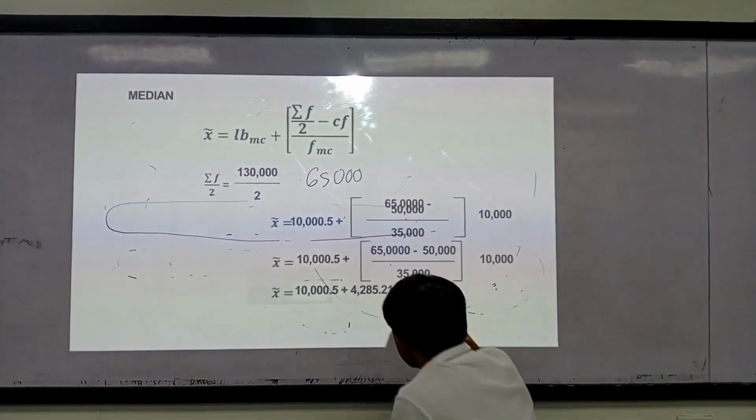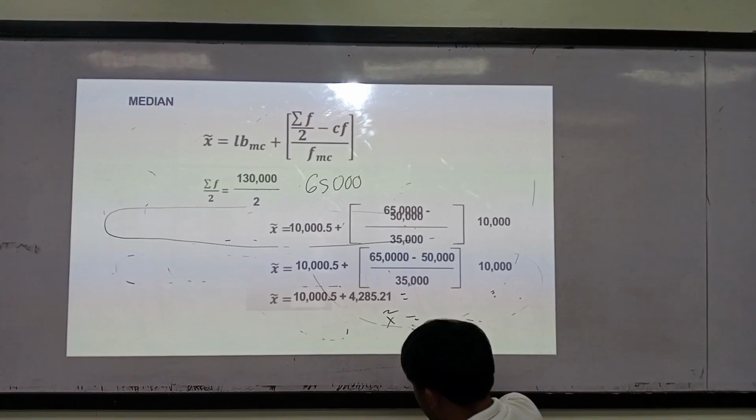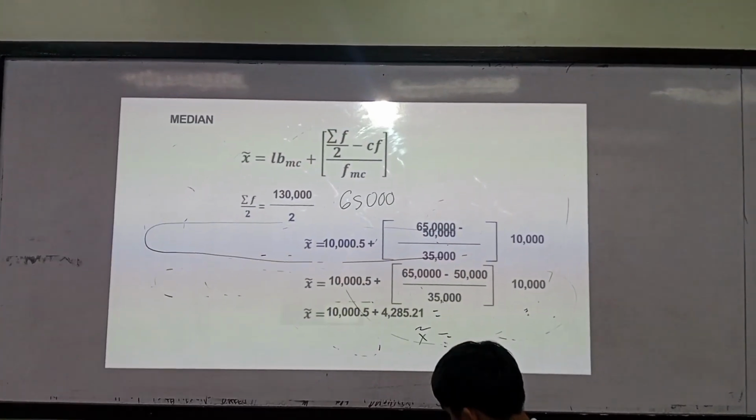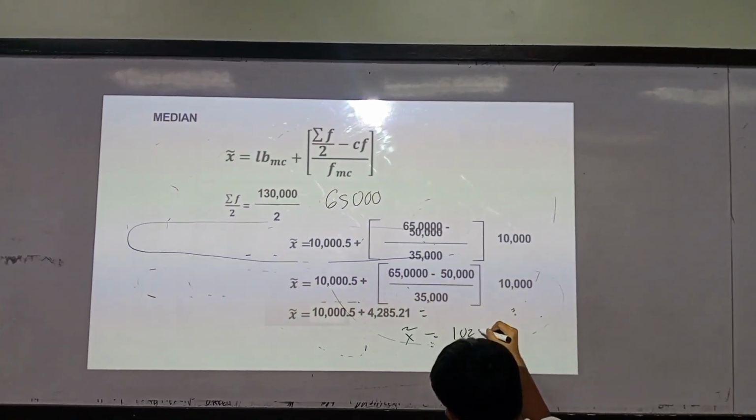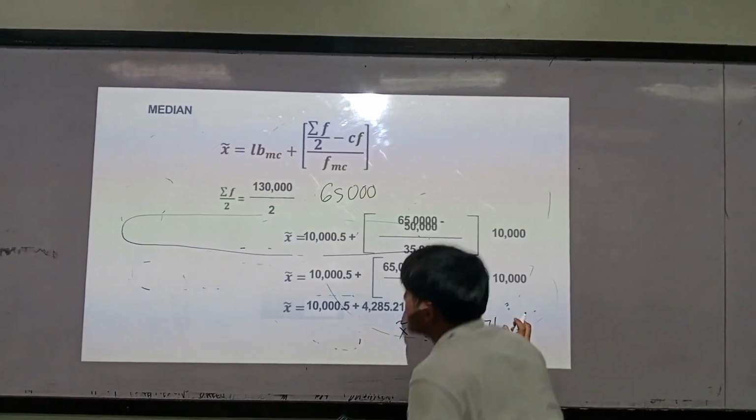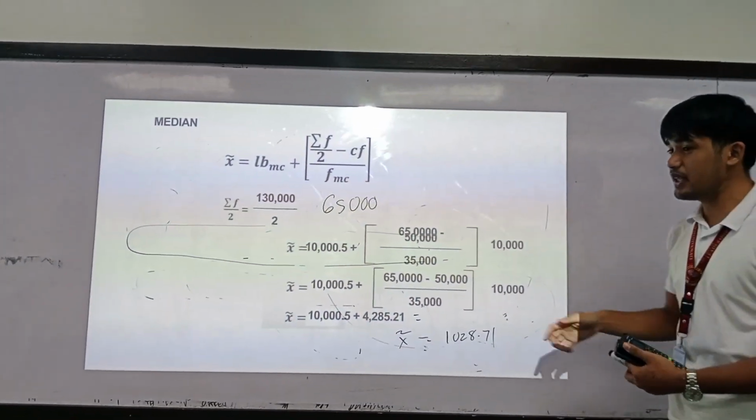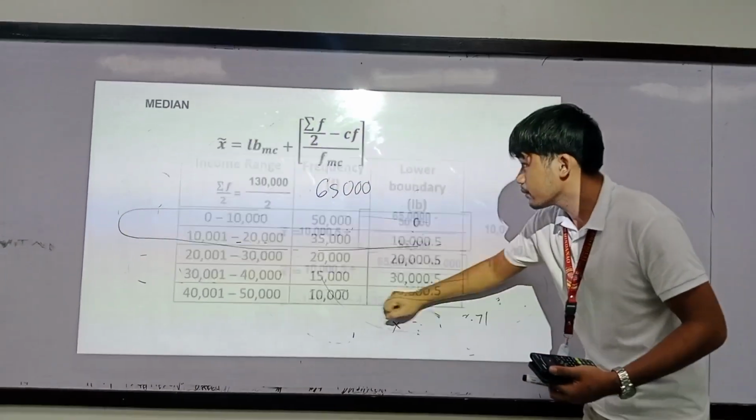So if we add these two, then we can get the value of our median, which is 1,285.71. Okay, so since we already have our median, then we will proceed to our mode.